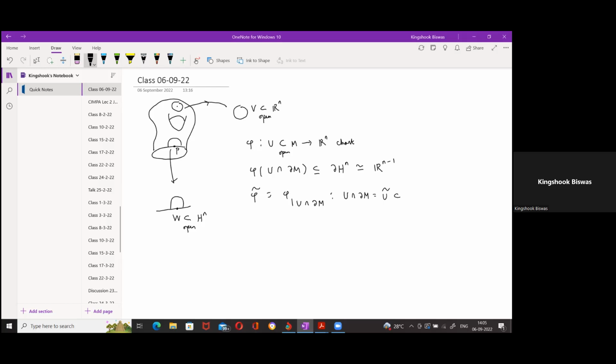So this is an open subset of boundary M. Okay. And this will map to boundary Hn, but I can take it to map into Rn minus 1. So this will map to an open subset V tilde of Rn minus 1 as a homeomorphism.